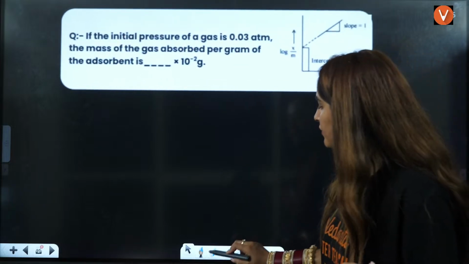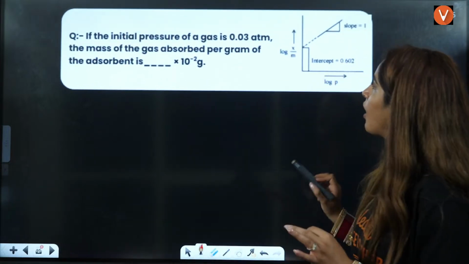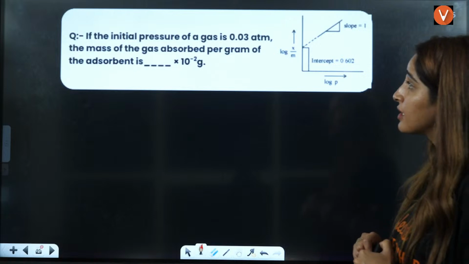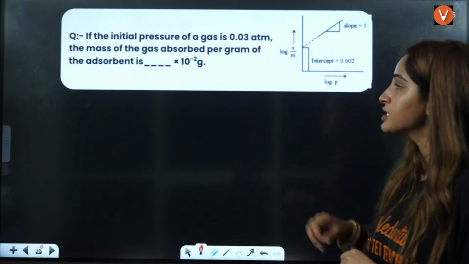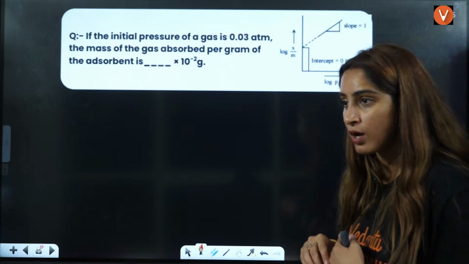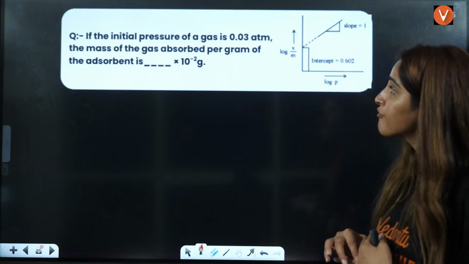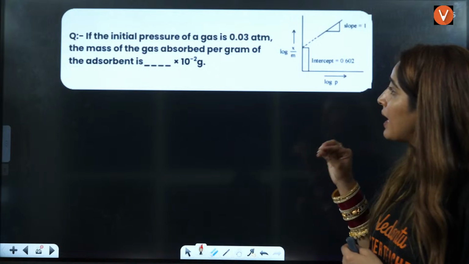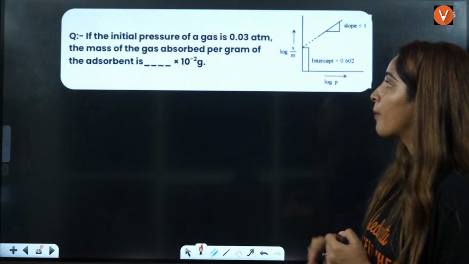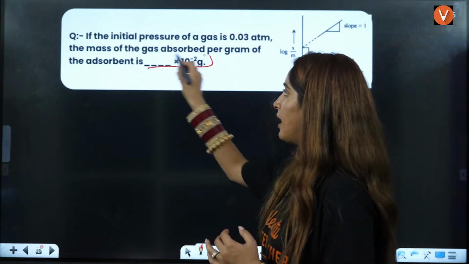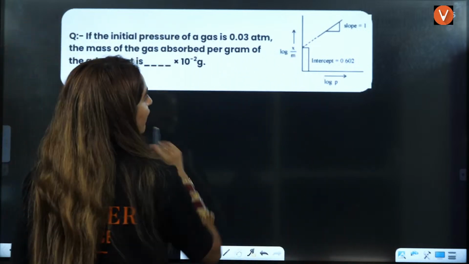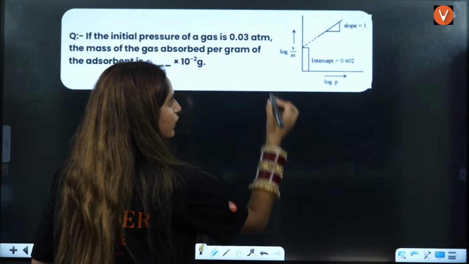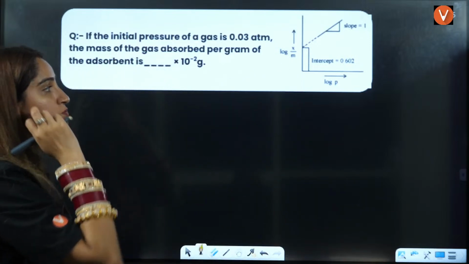Next is, if the initial pressure of a gas is 0.03 atmospheric, the mass of gas adsorbed per gram of the adsorbent is dash. Again, a very interesting question. This is the chart that they have given you.